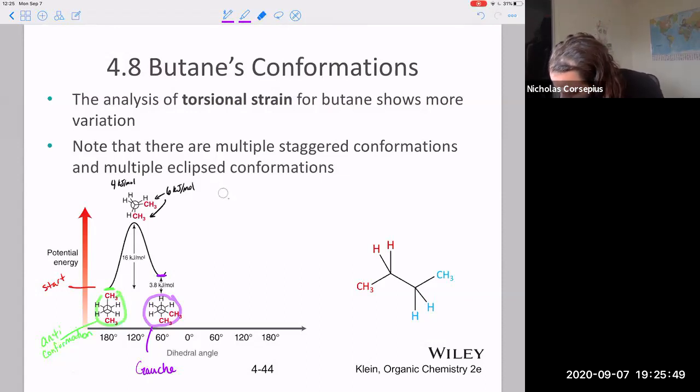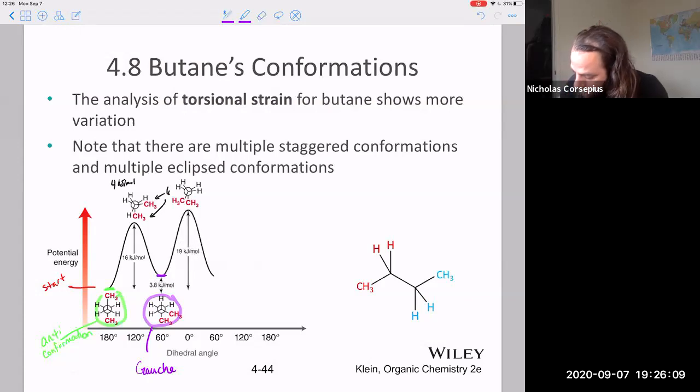So now I'm going to rotate. All right, and now the energy increases, and notice that it increases even more to now 19 kilojoules per mole because I have an eclipsed methyl-methyl.